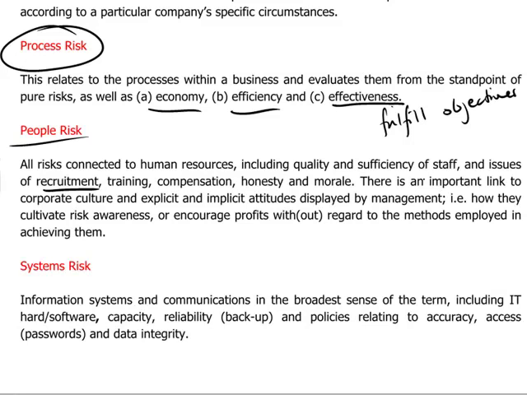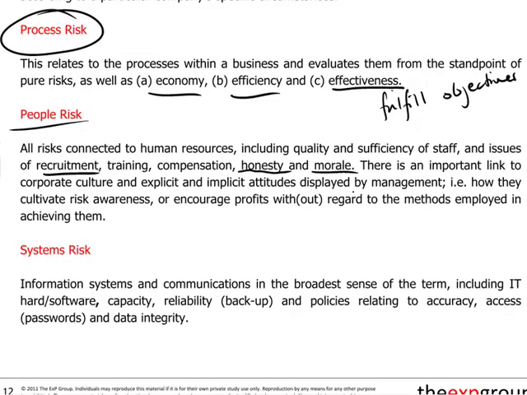We also want honest people to be recruited. We want to make sure that the morale is high in the business so as to reduce the risk that people will behave in a way which is inimical or not in the best interests of the company.